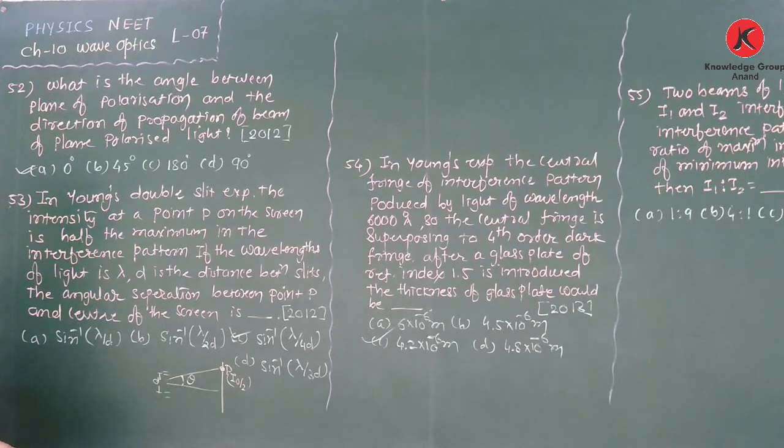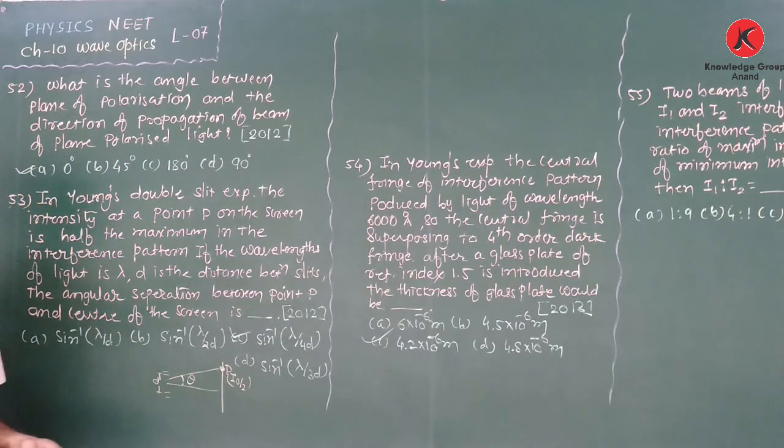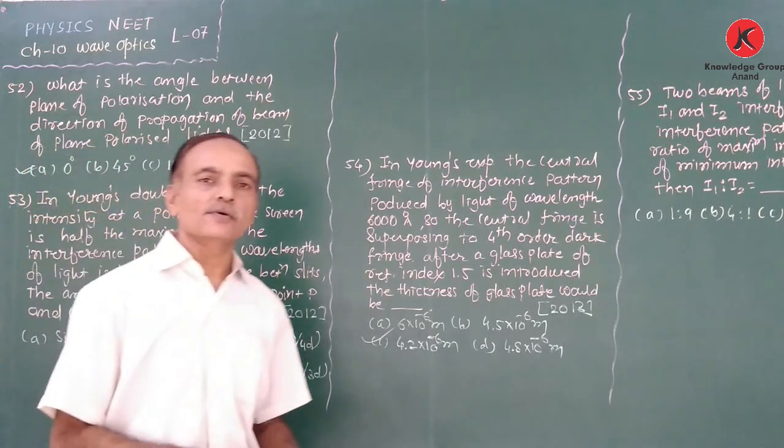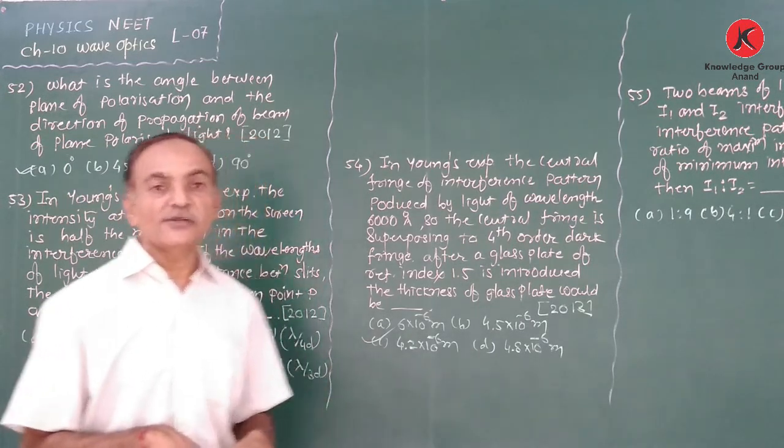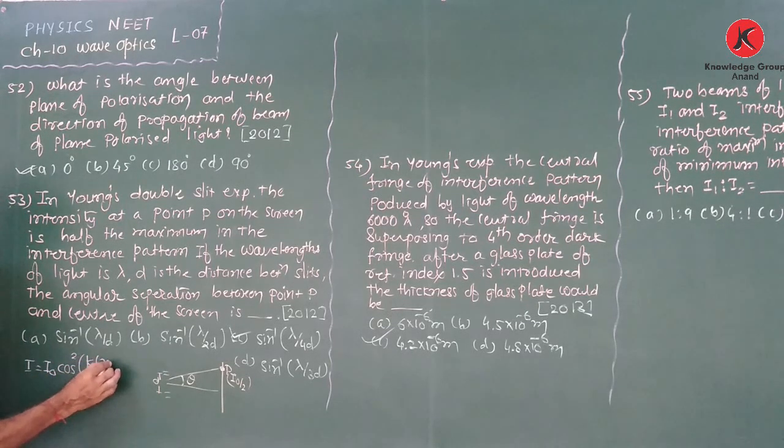For that purpose, we use the equation of intensity at point P in the interference pattern. I is equal to I0 cos square into bracket k into R1 minus R2 upon 2. That is the equation of the intensity of light at any point in the interference pattern.